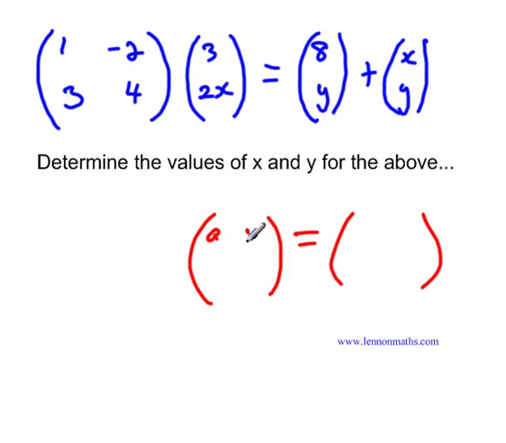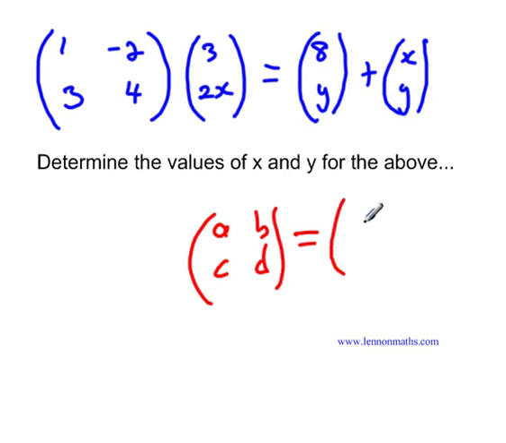Let's suppose we have a 2 by 2 matrix with entries A, B, C, and D being equal to another 2 by 2 matrix with entries E, F, G, and H. Because these two matrices are of the same order and they're equal, the corresponding entries are equal.